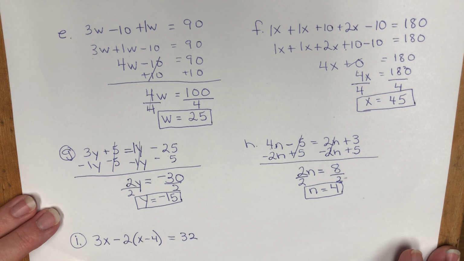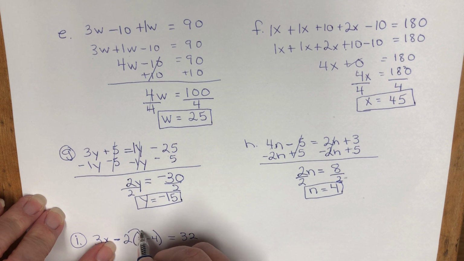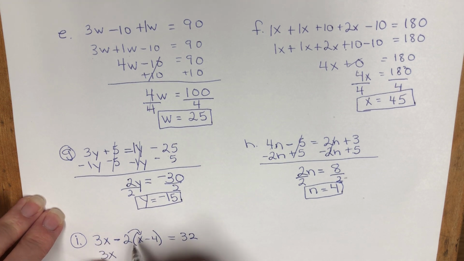Okay, using our PEMDAS, you know that you have to start with the parentheses, and here we have a minus 2 times x. You have to carry the sign along with this number. So minus 2 times x, we have 3x. Minus 2 times x is going to give us minus 2x.